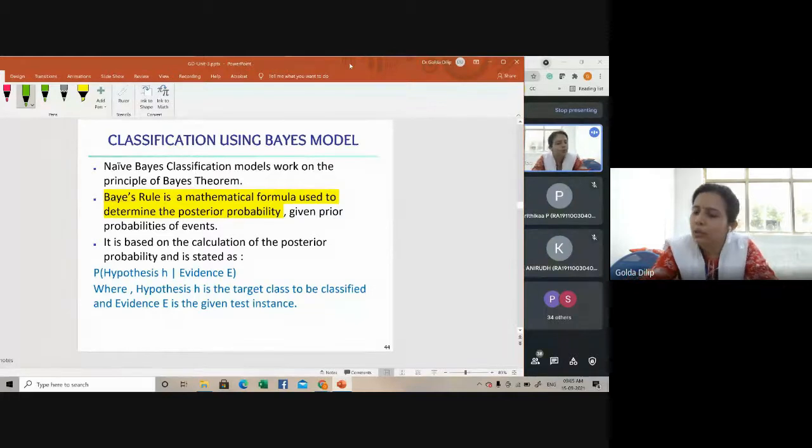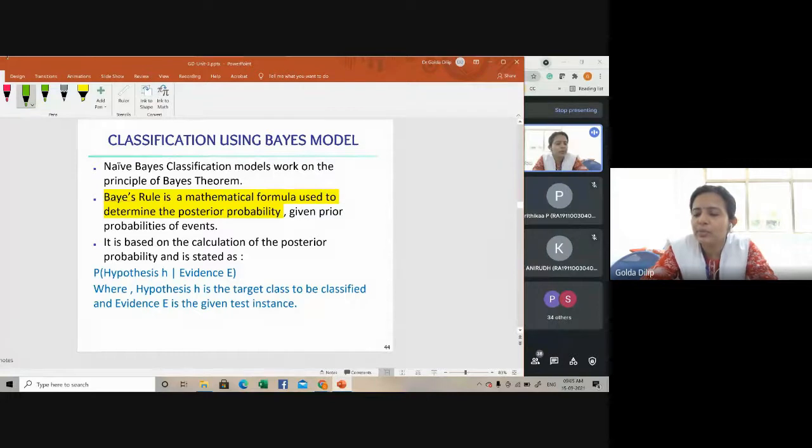This is the foundation for your so-called data science or machine learning, which is a subset of artificial intelligence. All these are machine learning techniques, or data science, whatever you are learning here in data mining.